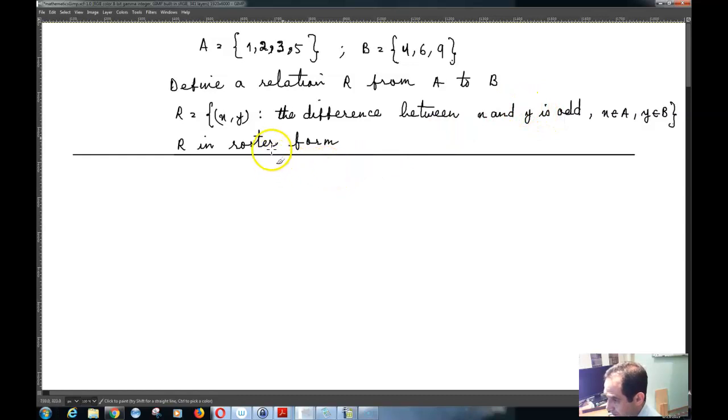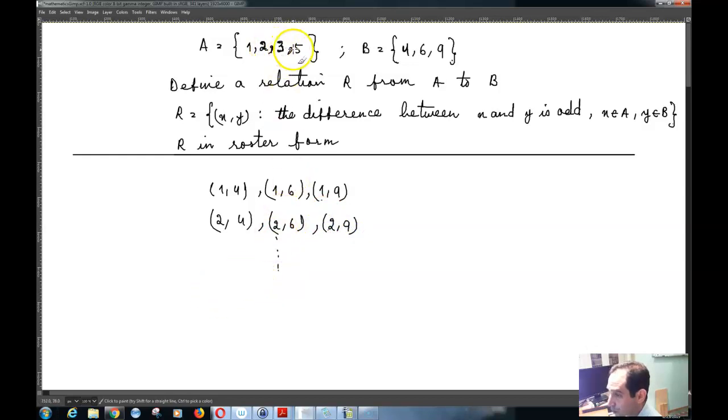That means, for example, I could write my x and y as (1, 4), then (1, 6), and then (1, 9), and then I can write (2, 4), (2, 6), and then (2, 9), and then you just keep going until I get to (5, 4), all the way up to (5, 9).